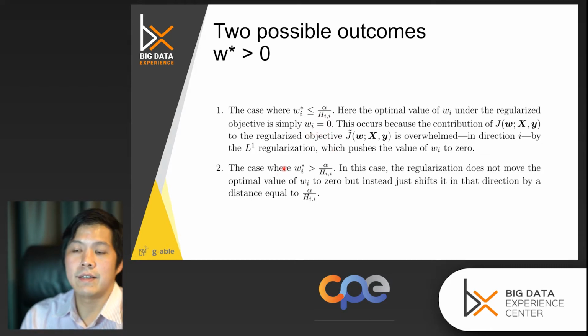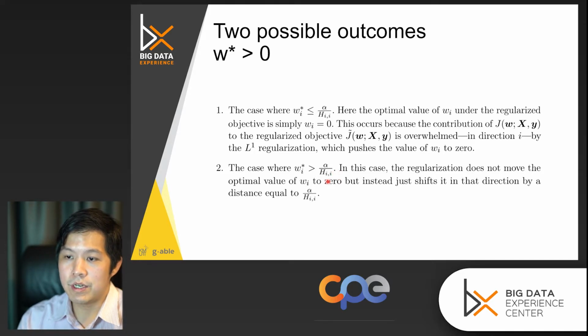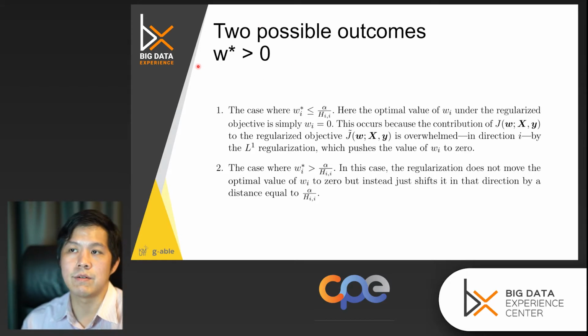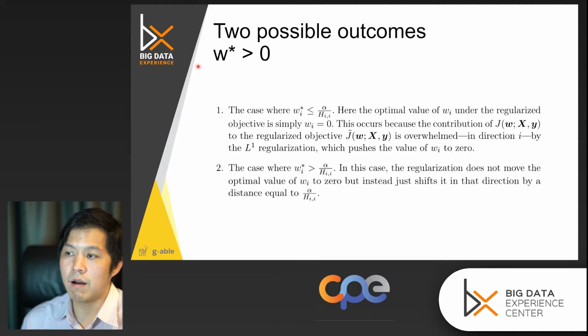On the other hand, if the WI here is more than alpha over HII, then it would shift towards something that equals alpha over HII. So for this one, the weight of W has to be more than 0, a value that is very small.